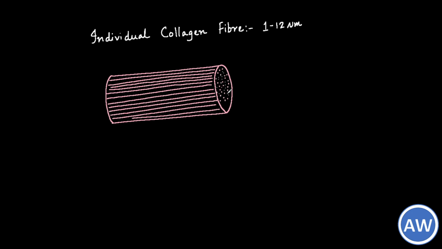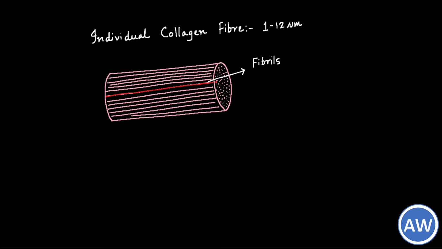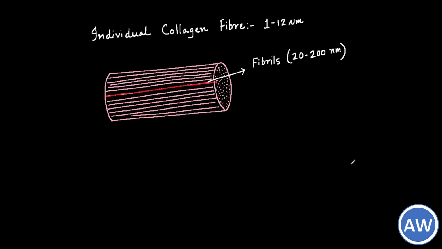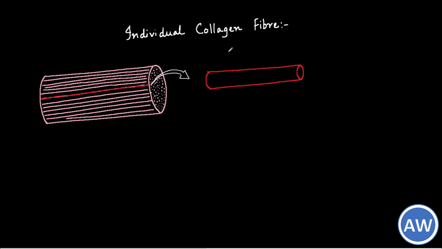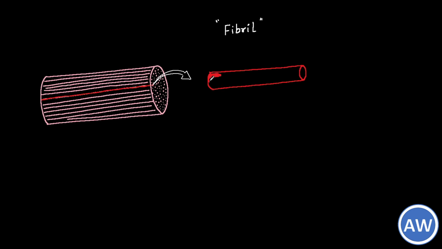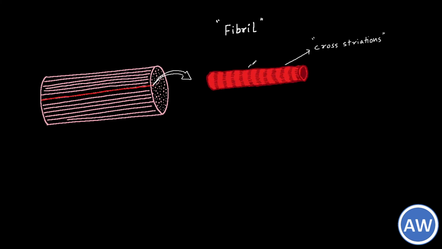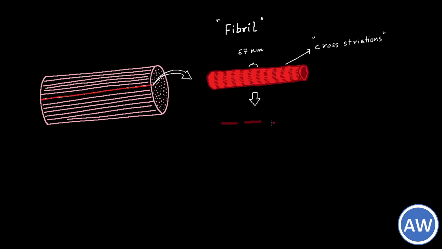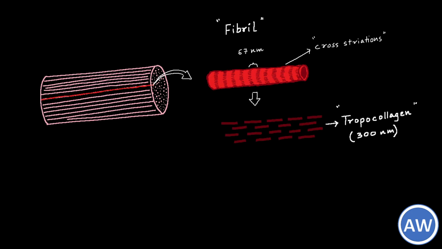If we look at these collagen fibers under an electron microscope, each collagen fiber is seen to be made of fibrils that are 20 to 200 nanometer in diameter. With high magnification under the electron microscope, each fibril shows characteristic cross striations after every 67 nanometer. The collagen molecule or tropocollagen of each of these fibrils measures about 300 nanometer long.